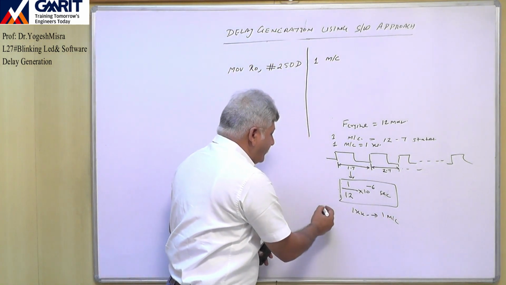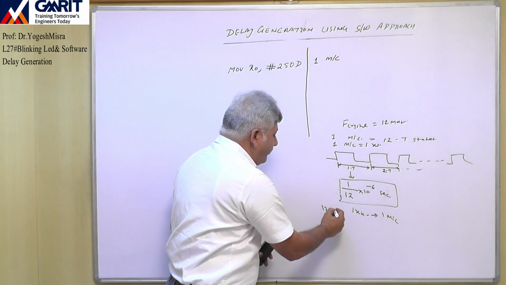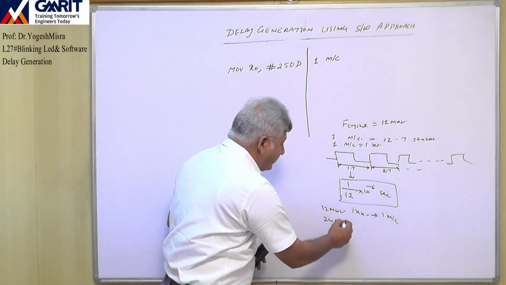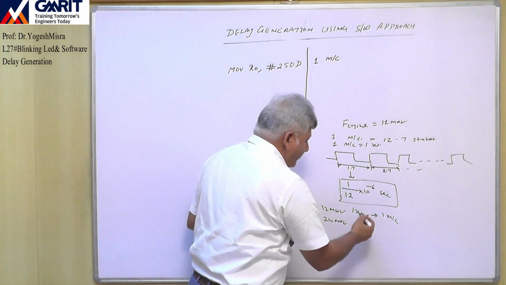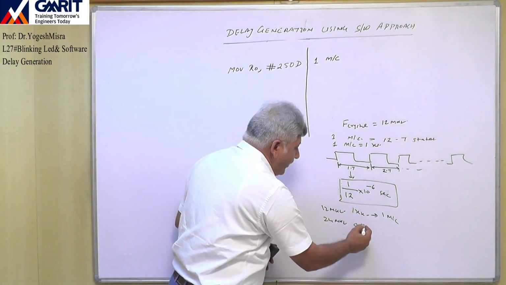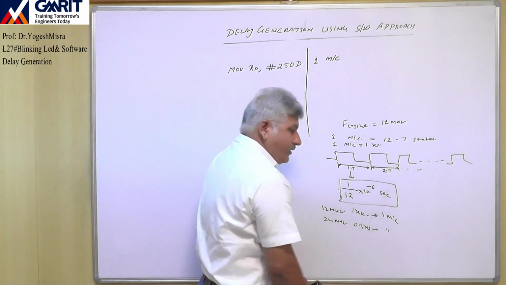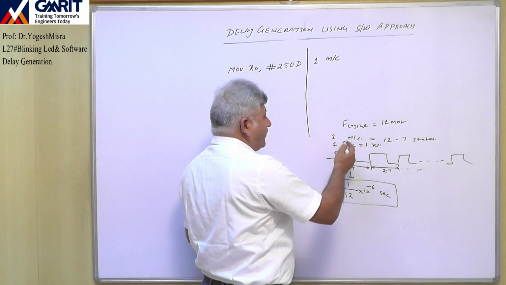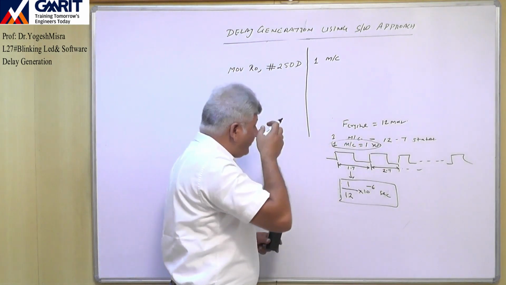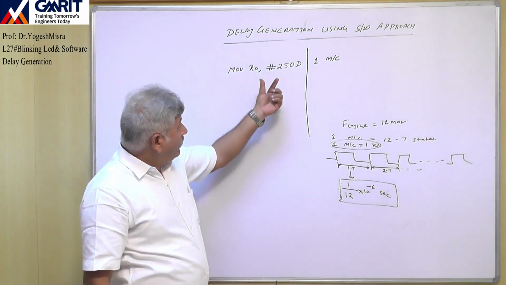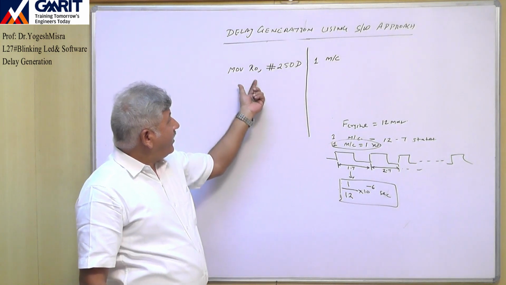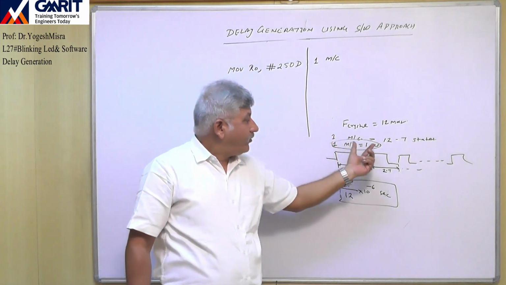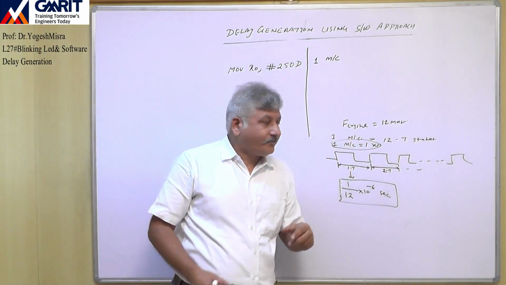If the crystal is of 24 megahertz, then one machine cycle will become 0.5 microsecond. But here one machine cycle is 1 microsecond. So to load the 250 value in the R0 register, our controller requires 1 microsecond.